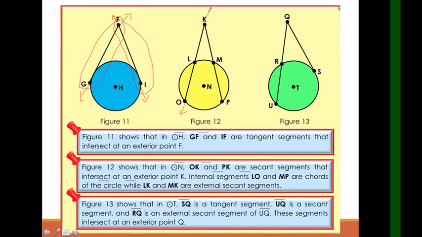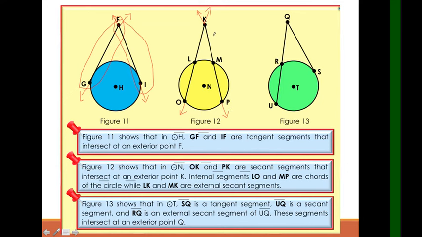Malinaw na malinaw yung paliwanag kanina that secants are lines. Na parang kung sa lobo parang meron kang stick tapos tinusok mo yung lobo ng stick, ganon. Okay?